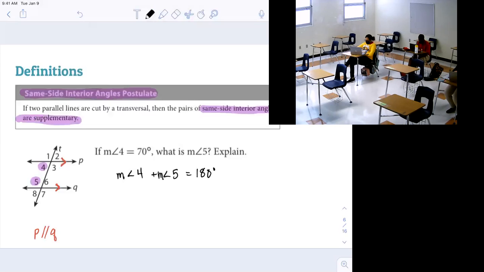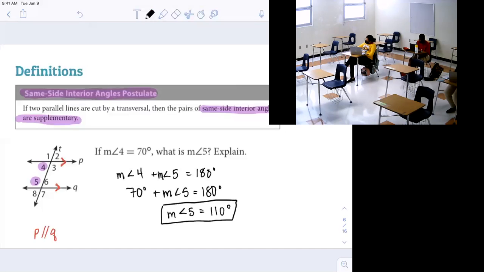If angle 4 is 70 degrees, what do I have to do to figure out angle 5? Subtract. Exactly. What's 180 minus 70? 110 degrees, exactly. So if you know the measure of one of those same side interior angles, you can figure out the measure of the other one by subtracting from 180.